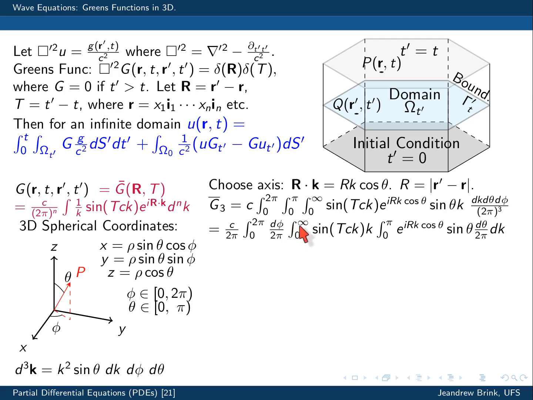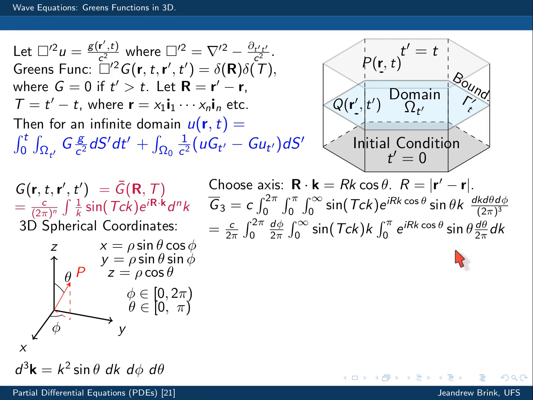So it's the integral from 0 to infinity of sine(ck) k, which is not dependent on theta, so we take that out. And then we're left with this integral from 0 to pi of e to the i r k cos theta sine theta d theta, which is very fortunate because the derivative that appears in the exponent is down here.